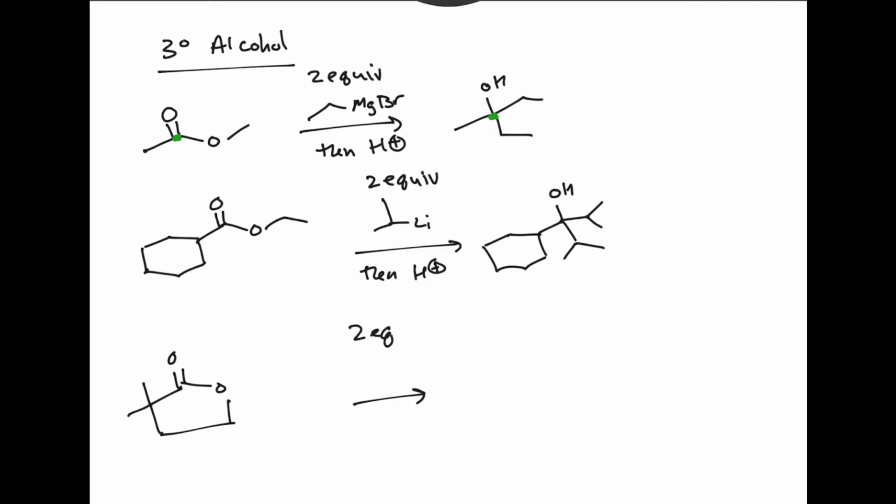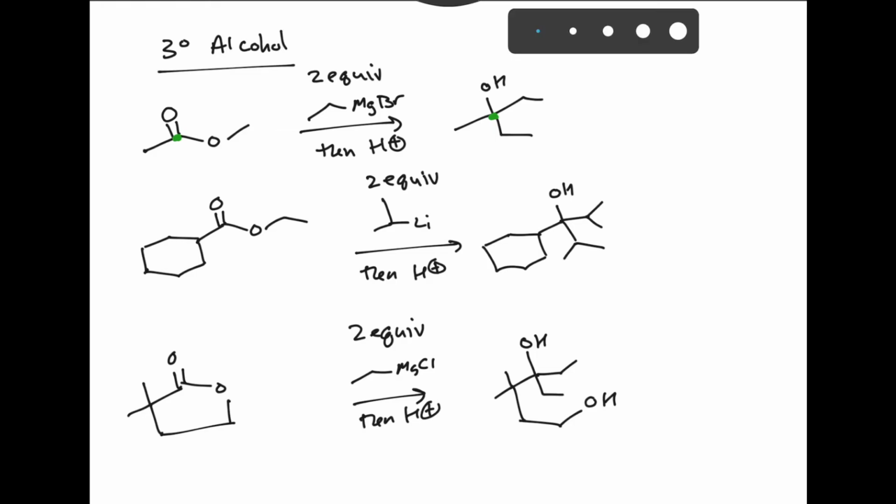We have 2 equivalents of our Grignard. And again, 1, 2, 3, 4, 5. I did not lose or gain any carbons there, or any atoms, so we're good.